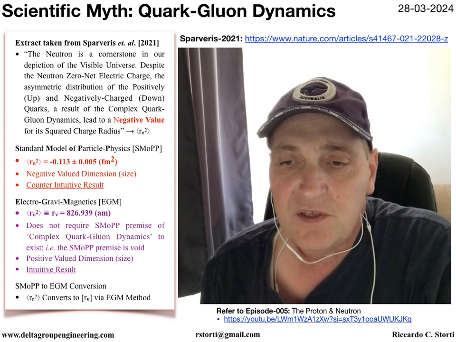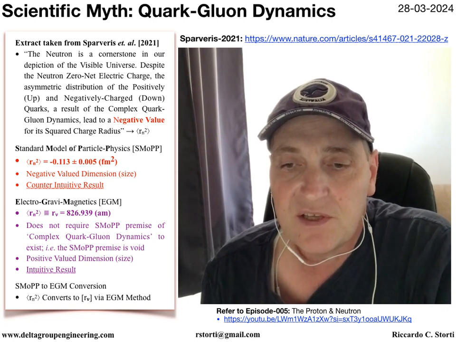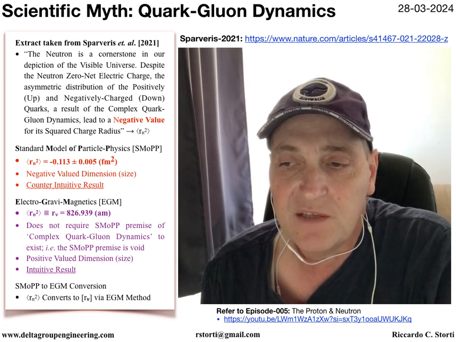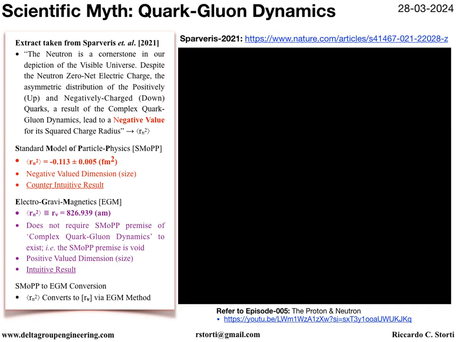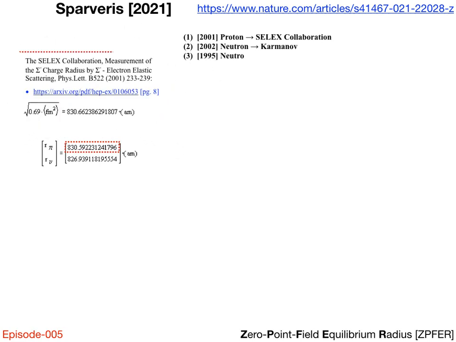Okay, assuming you have watched episode 5, let's compare our exact analytical solutions to 3 key authoritative sources. That is, the 2001 Selleck's collaboration experiment, the 2002 Kamenov result, and the 1995 Kopecky result. The first set of comparisons to authoritative sources we shall make involves 2 of them.